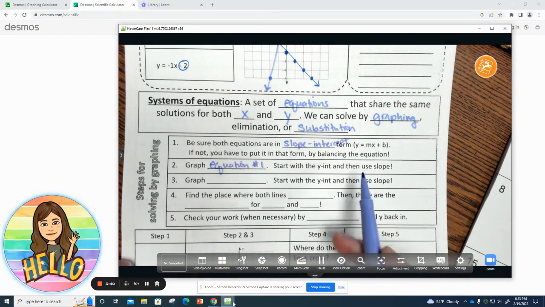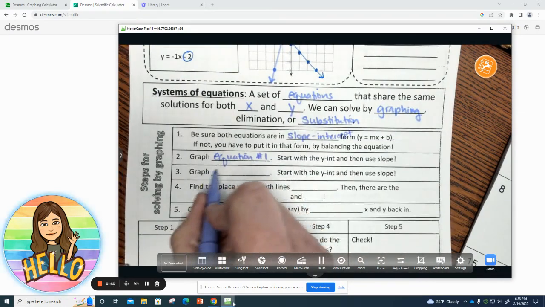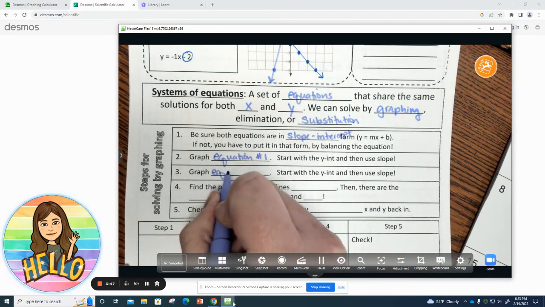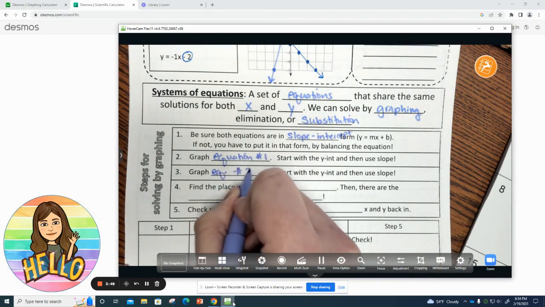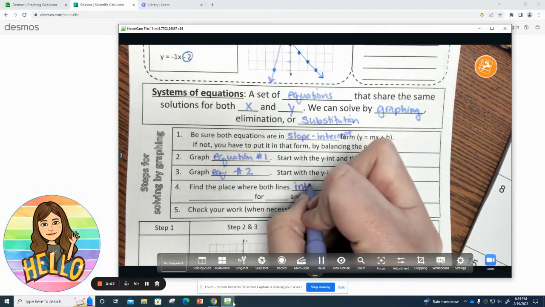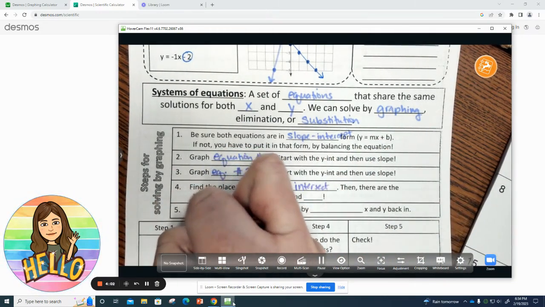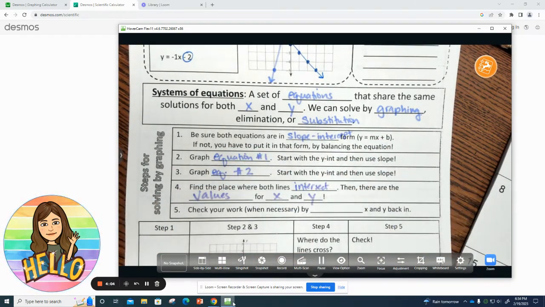And a little reminder here, start with your y-intercept and then use the slope, rise over run. Step 3 would be to graph equation number 2. So start with the y-intercept, use the slope. Then find the place where both lines intersect. Then there are the values for x and y.